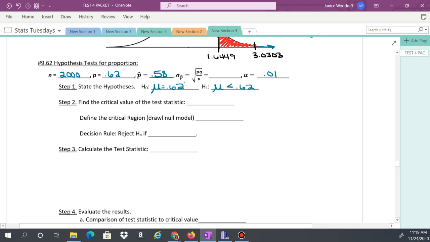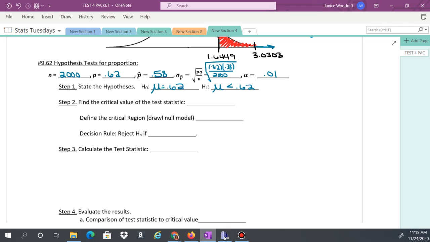For our standard deviation of P hat, let's go ahead and do that. You have a P of 0.62, which means our Q is 1 minus 0.62, which is 0.38, over a sample size of 2,000, and the square root of all of that.